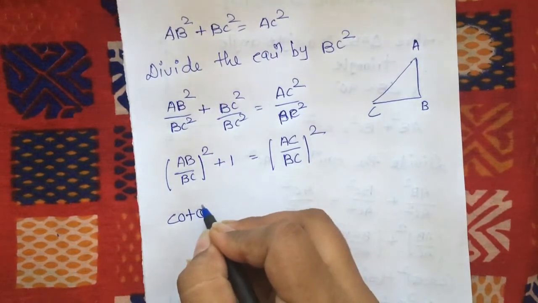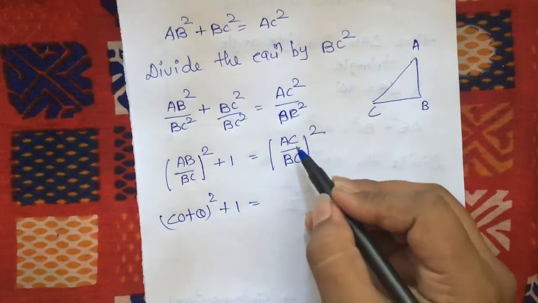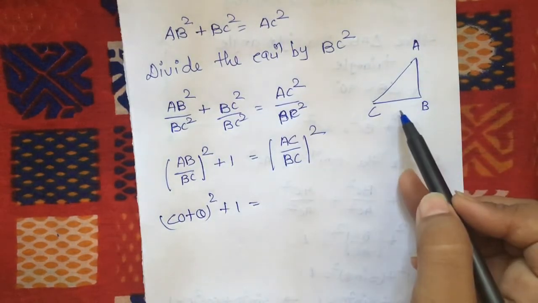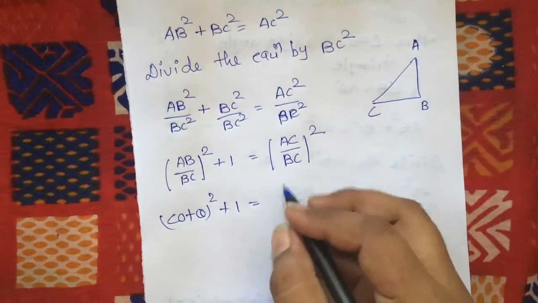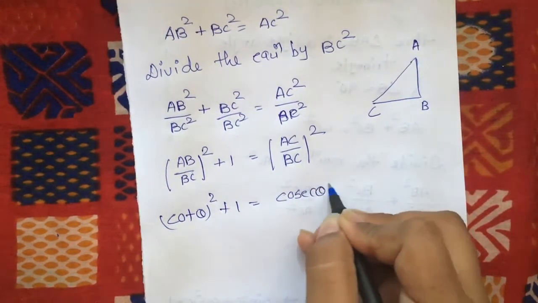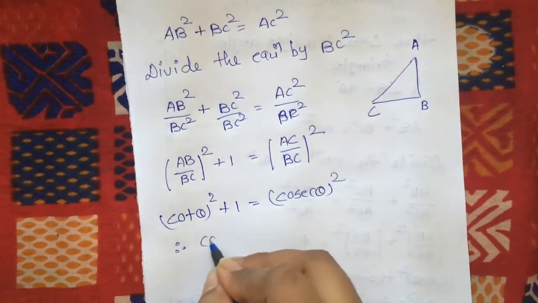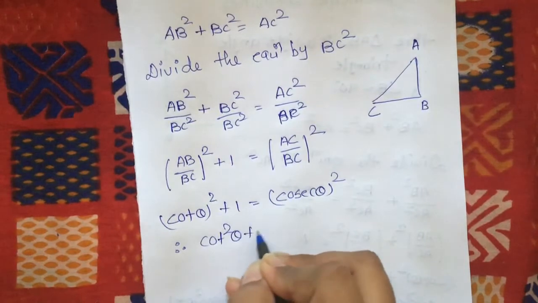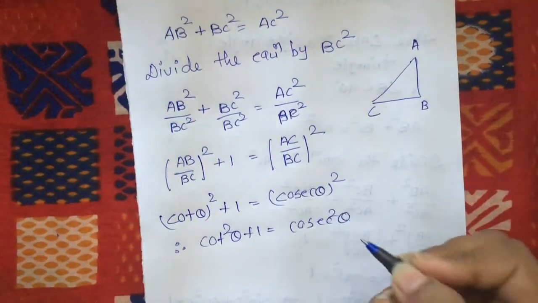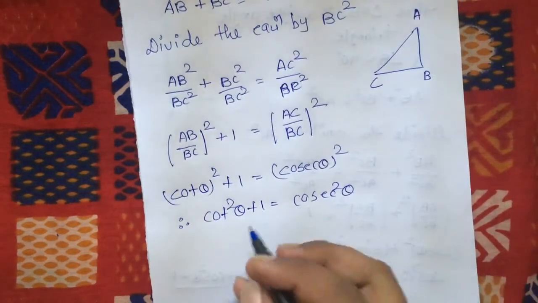So cot theta square plus 1 is equal to AC upon BC, which gives us cosec theta whole square. So we have another identity, which is cot square theta plus 1 is equal to cosec square theta. So this is another identity which we are going to use.